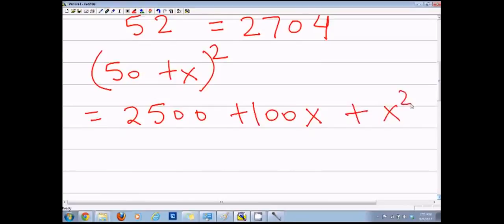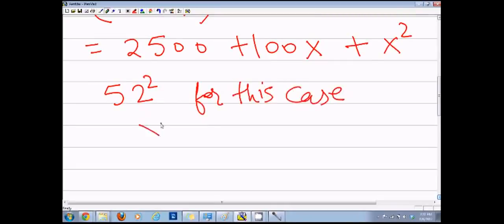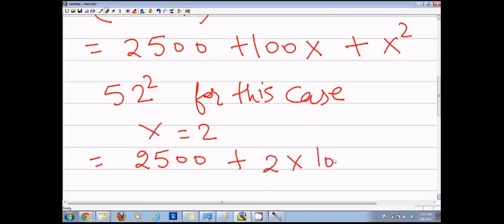So you can see that if I am taking the square of 52, then x in this case is equal to 2, and if x is equal to 2, then you can go back to the equation and say 2500 plus 2 into 100 plus 2 squared.